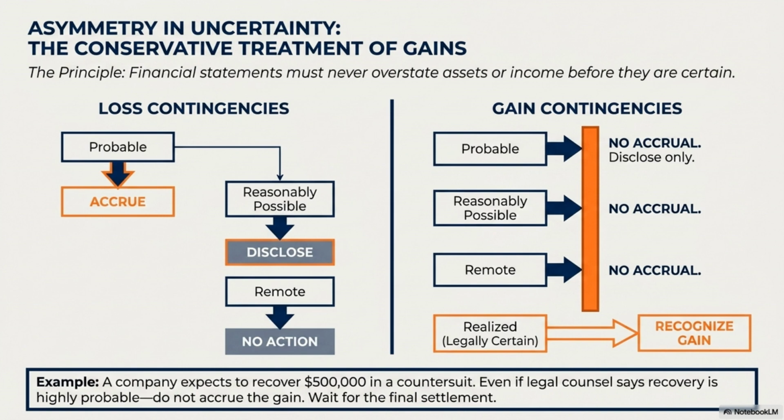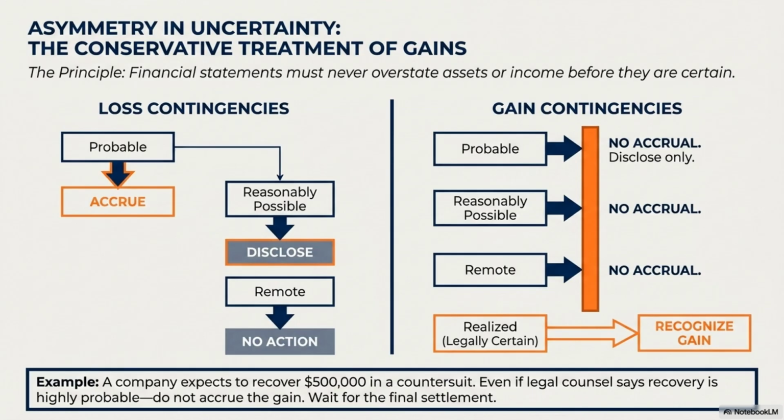This asymmetry is not an accident. The principle is stated clearly here. Financial statements must never overstate assets or income before they are certain. That is conservatism built into the standard itself. The example at the bottom makes it concrete. Your company is countersuing someone and expects to recover $500,000. Legal counsel believes recovery is highly probable.